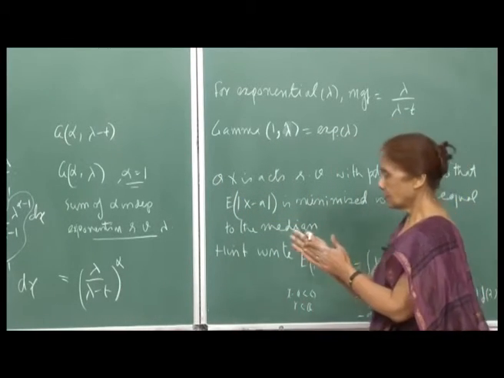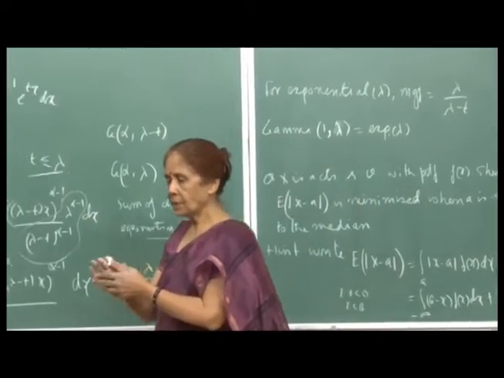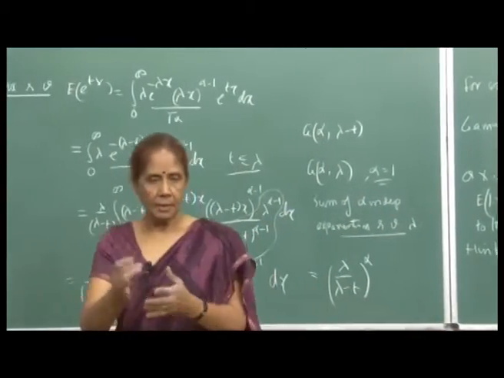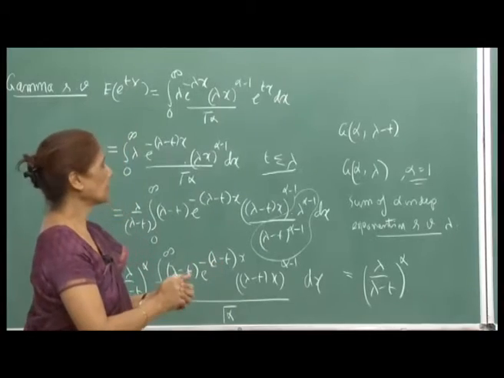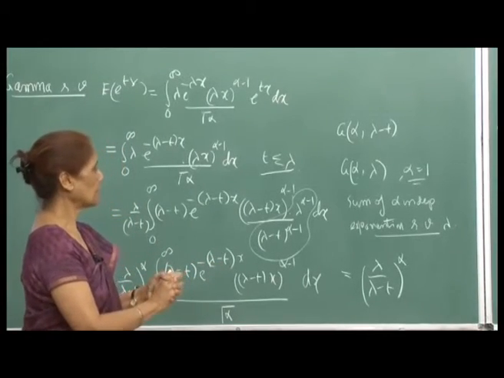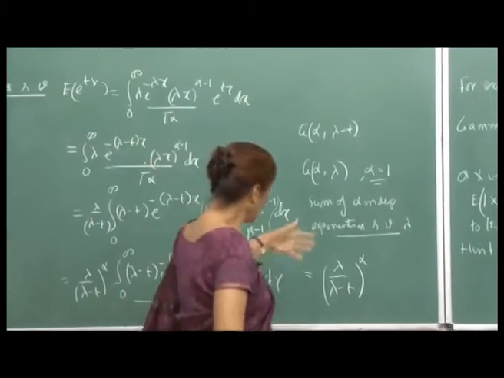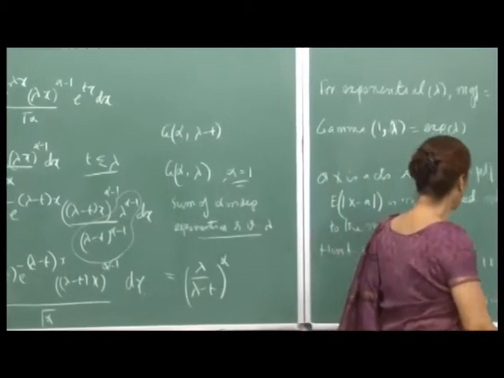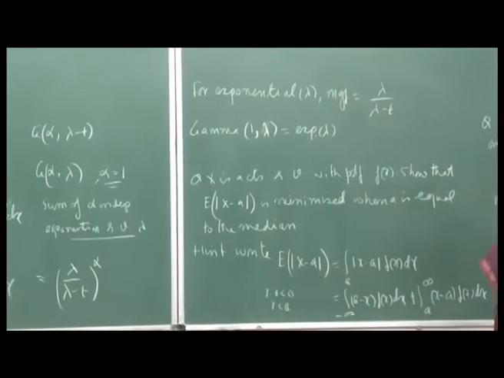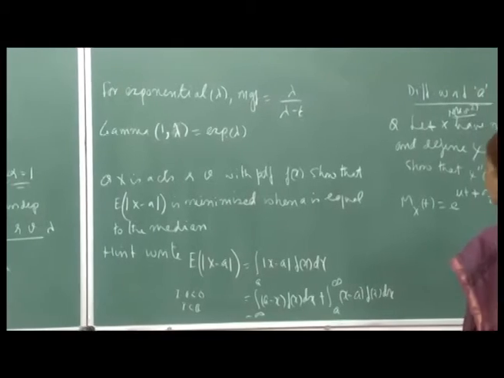So you multiply the corresponding MGFs when the variables are independent and you are talking of the MGF of the sum. We will develop this theory as soon as I talk of jointly distributed random variables.